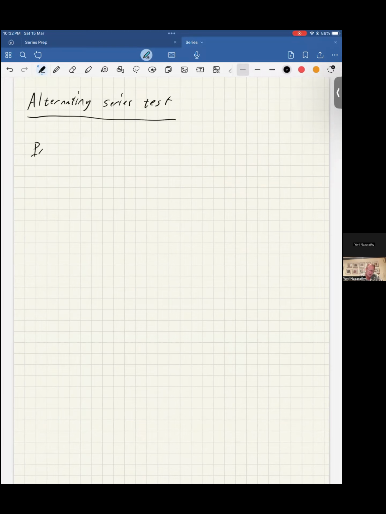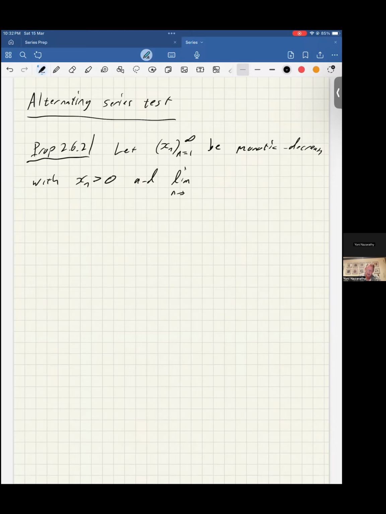So this is Proposition 262. Let xn be monotonic decreasing with xn strictly greater than 0, and the limit as n goes to infinity of xn equals 0.